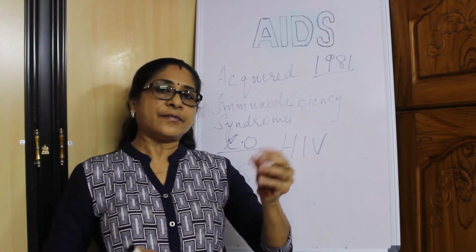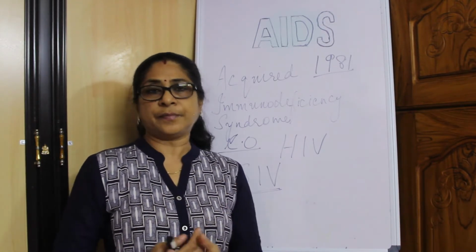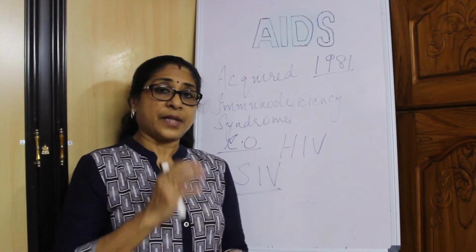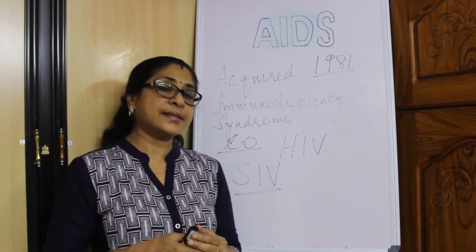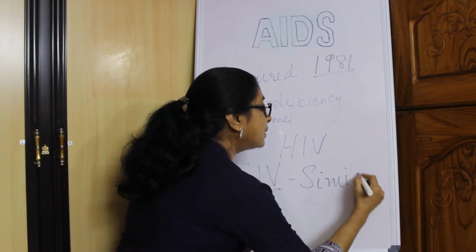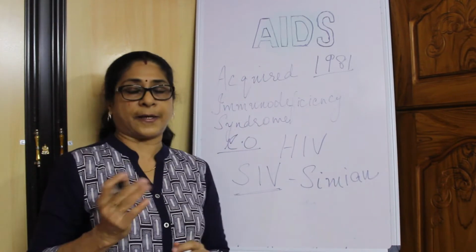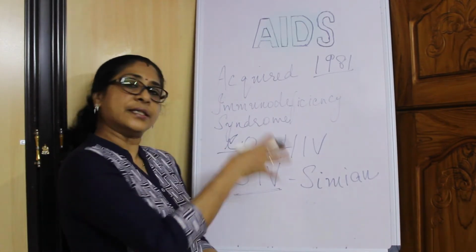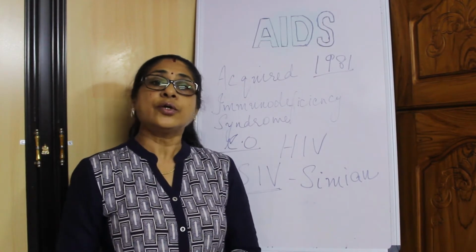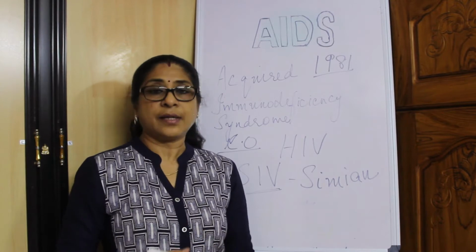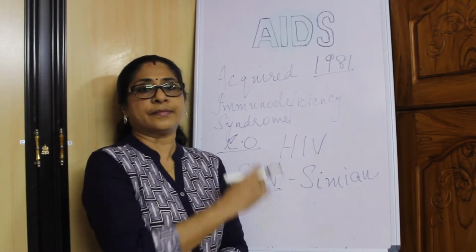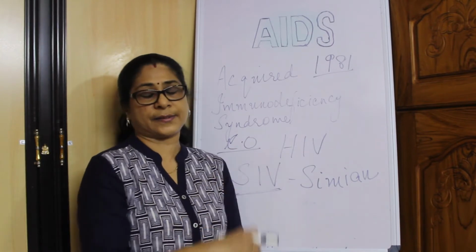So the SIV was transmitted to human beings, and from there it started mutating. SIV is simian. S stands for simian. The word simian means monkey. So SIV entered into human beings and it mutated into human immunovirus that we are familiar with. So this is the causal organism, human immunovirus.